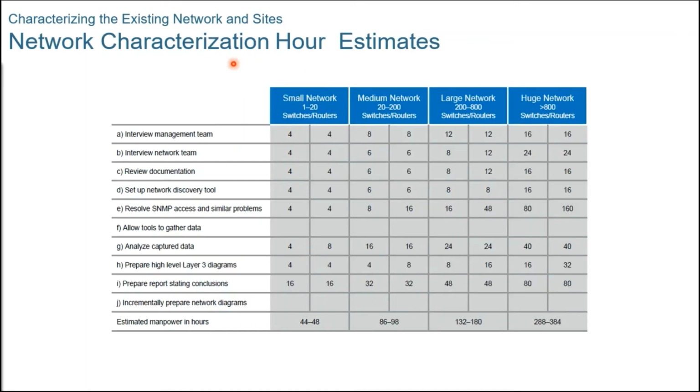Time estimates for performing network characterization. So this section provides some guidelines to estimate how long it may take to characterize the network. So the time required to characterize the network varies significantly depending on factors such as the following.